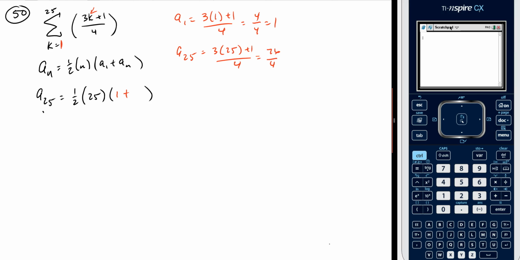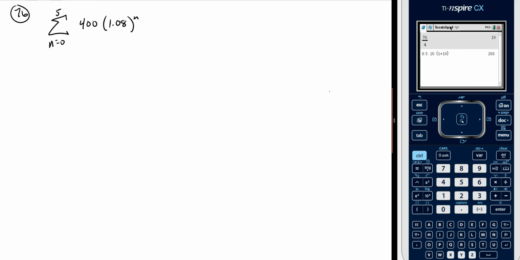So we're going to get 76 over 4, and 76 over 4 is 19. So plug in that 19, and then once again we go to our calculator. Got 0.5 times 25 times 1 plus 19. And we get a sum of the first 25 terms, which is 250.